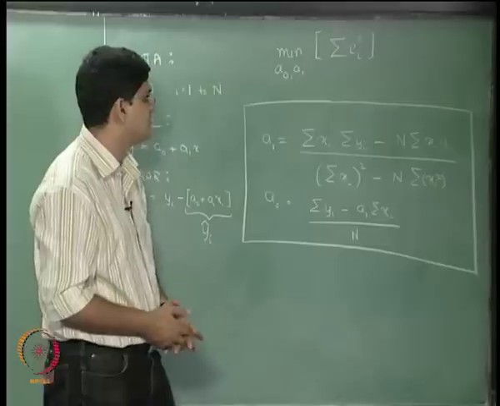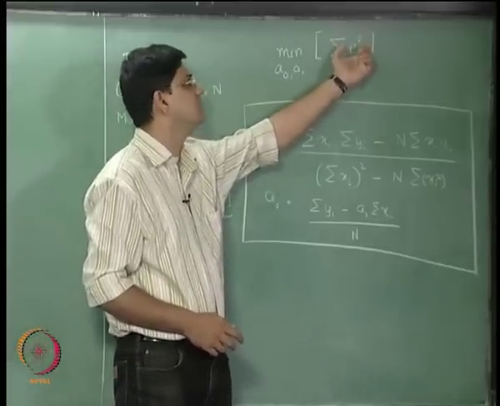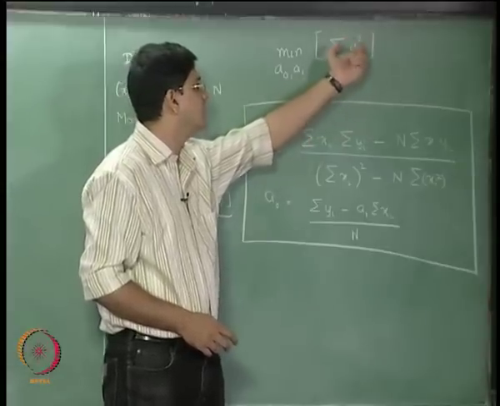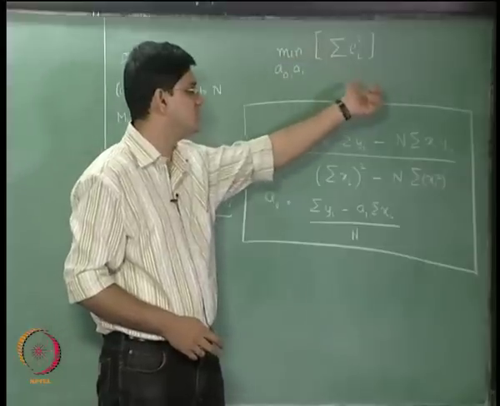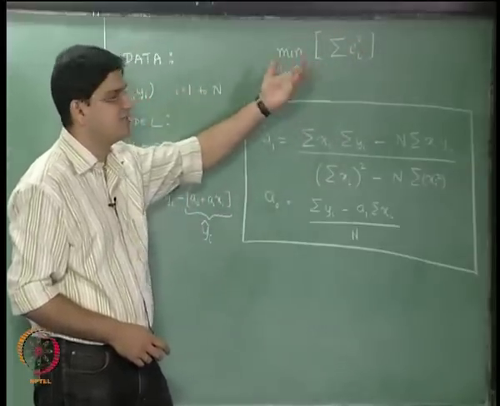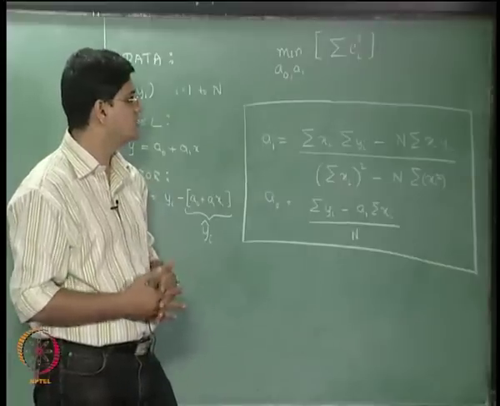In order to find a0 and a1 that minimize the sum of square of errors, what we did was we took this SE, which represents the sum of square of errors, and we differentiated it with respect to a0 and set that equal to 0, and then differentiated with respect to a1 and set that equal to 0. That gave us two equations and two unknowns.